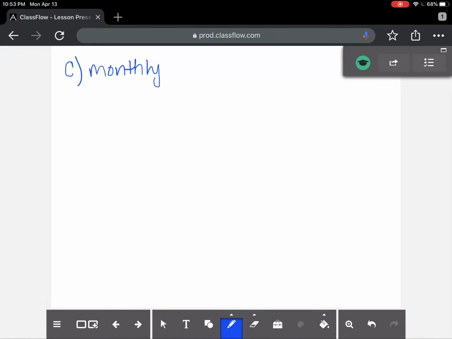Okay, so how long will it take for the investment in number 1 to double? Well, if our principal amount was 12,000, in order to double, we would end with 24,000. So we actually know our A here.